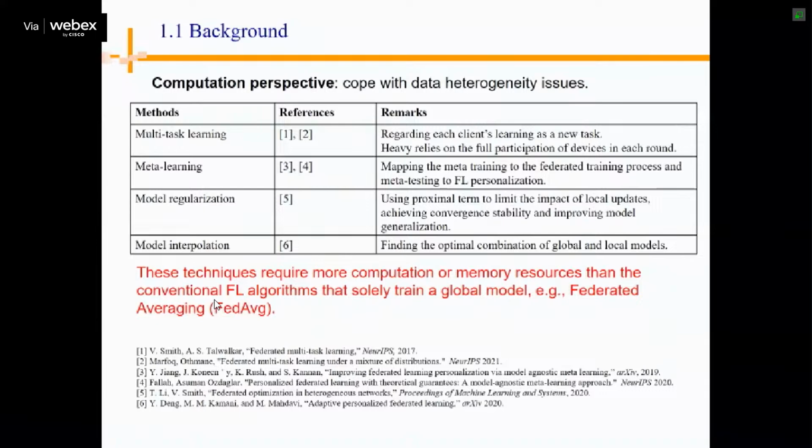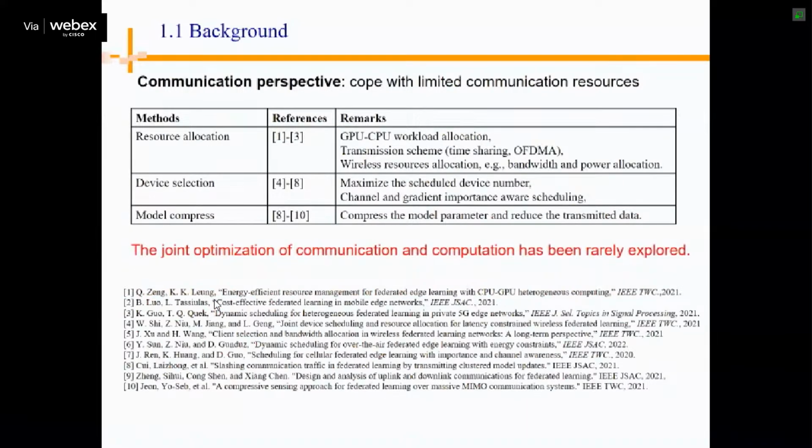Then there is model regularization, which is about how we can improve convergence stability, and some works on the optimal combination of global and local models. These works are mainly in the computer science community, while the works in the communication community are on the communication aspects.